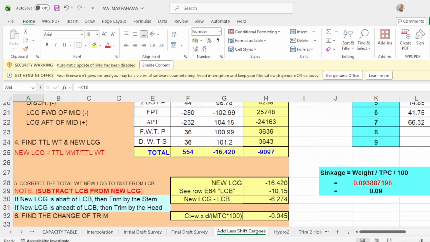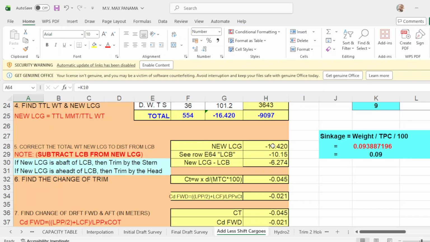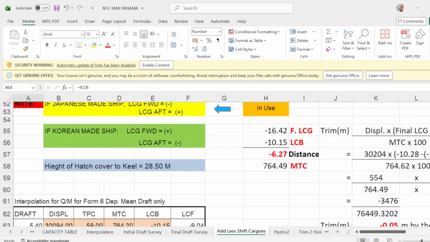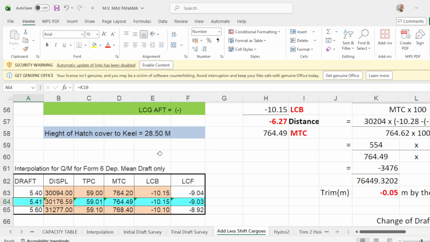So, you have now your new LCG, okay, which is this one. The next will be to get the value of your LCB, which is E64. So we go to row 64, and letter E. See, your LCB is negative 10.15.